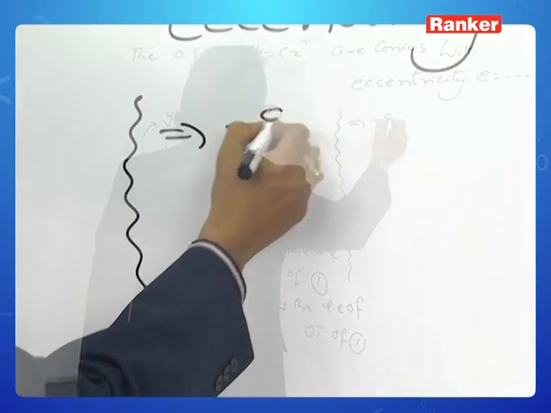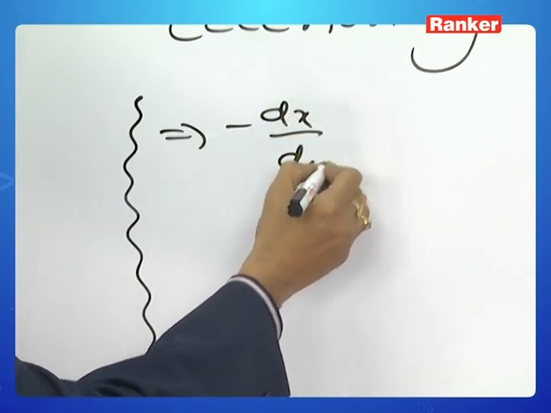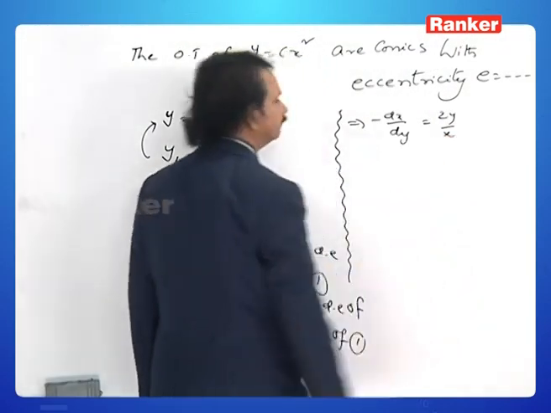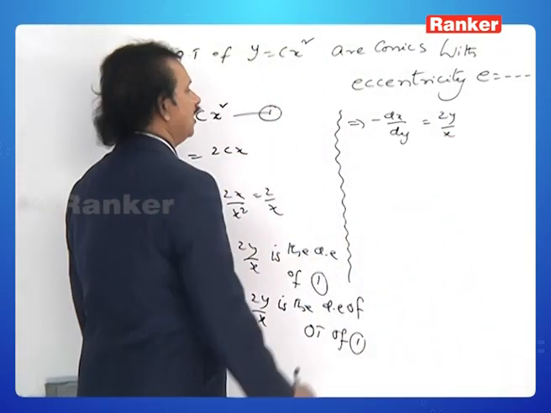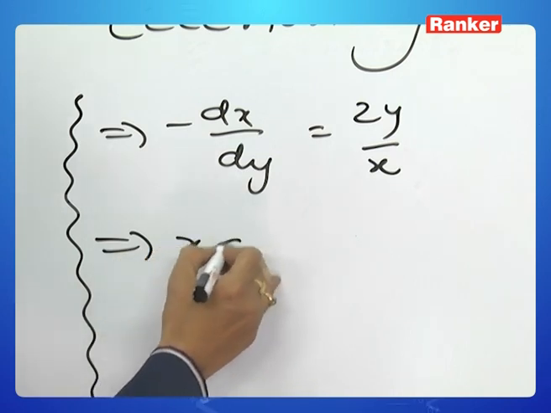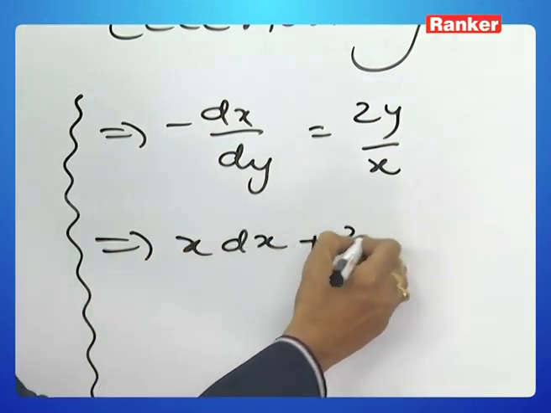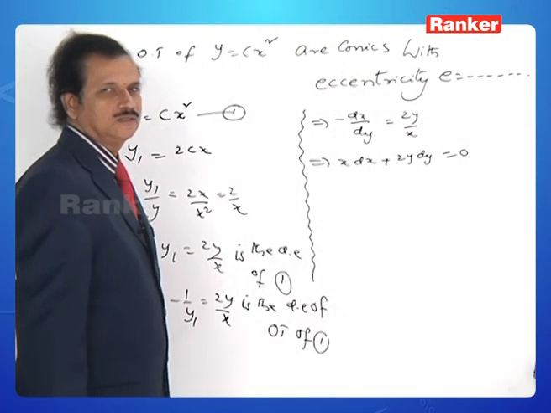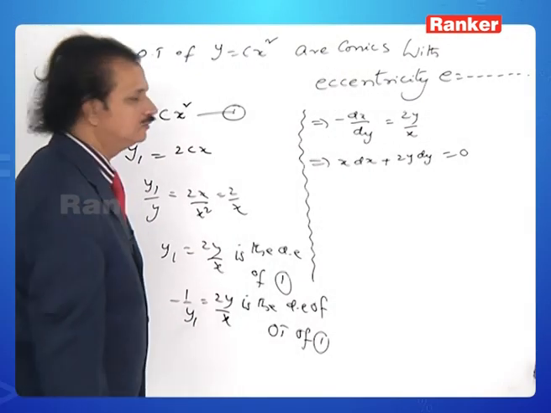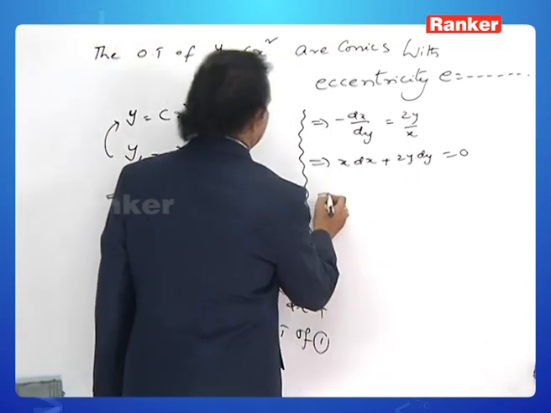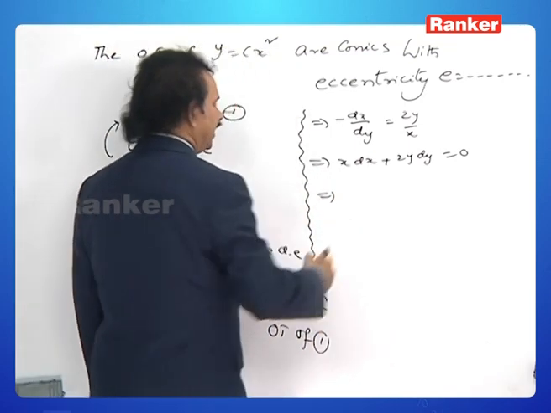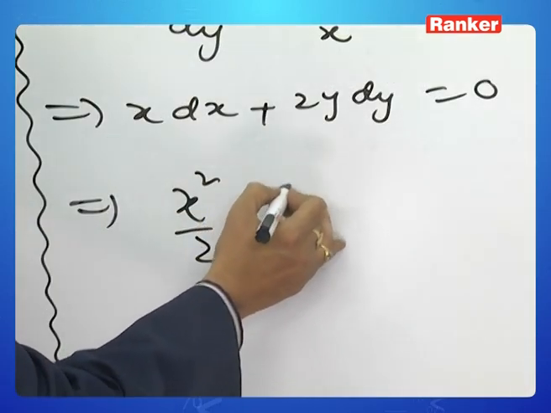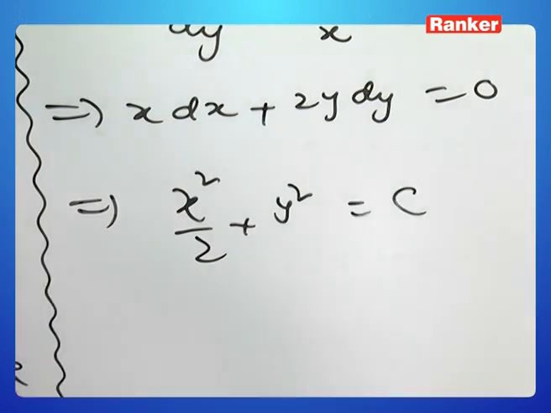Implies minus dx by dy is equal to 2y by x, or x dx plus 2y dy is equal to 0. So that its equation, if you integrate it on both sides, x square by 2 plus y square is equal to c.